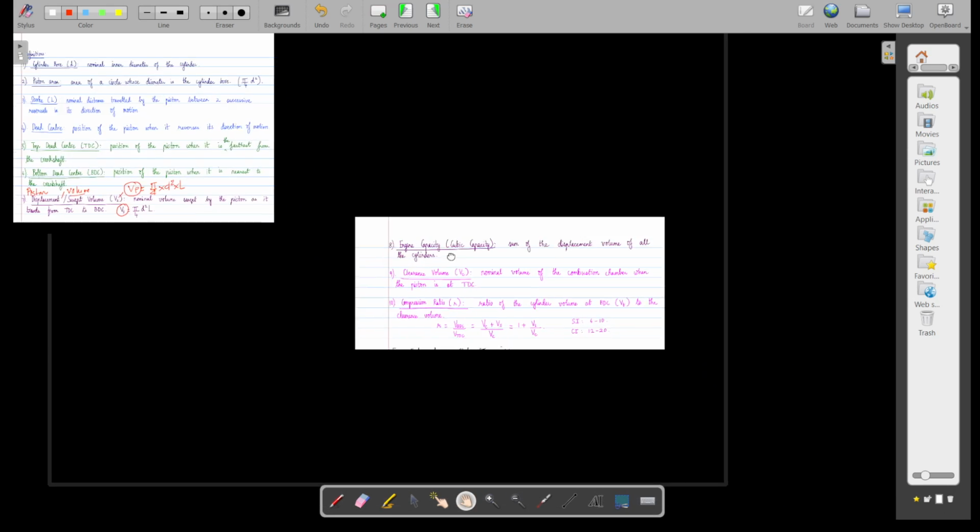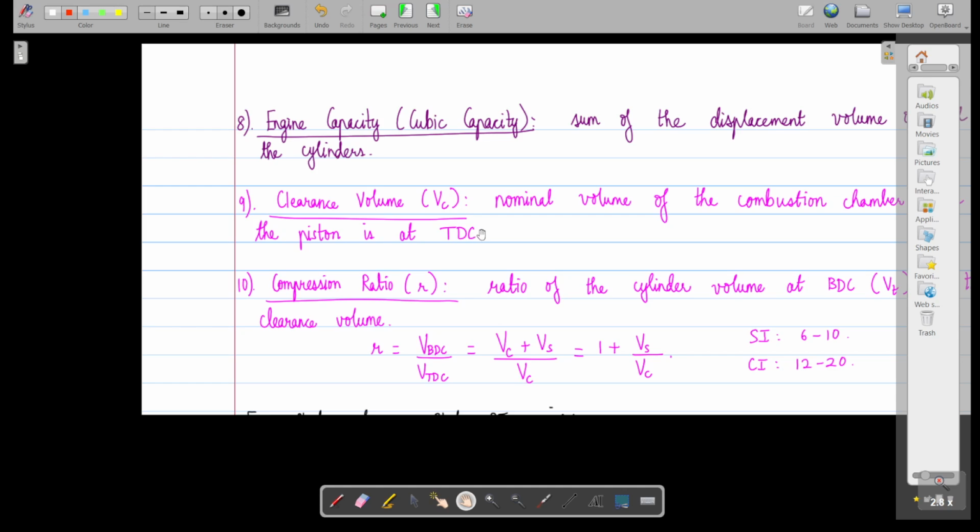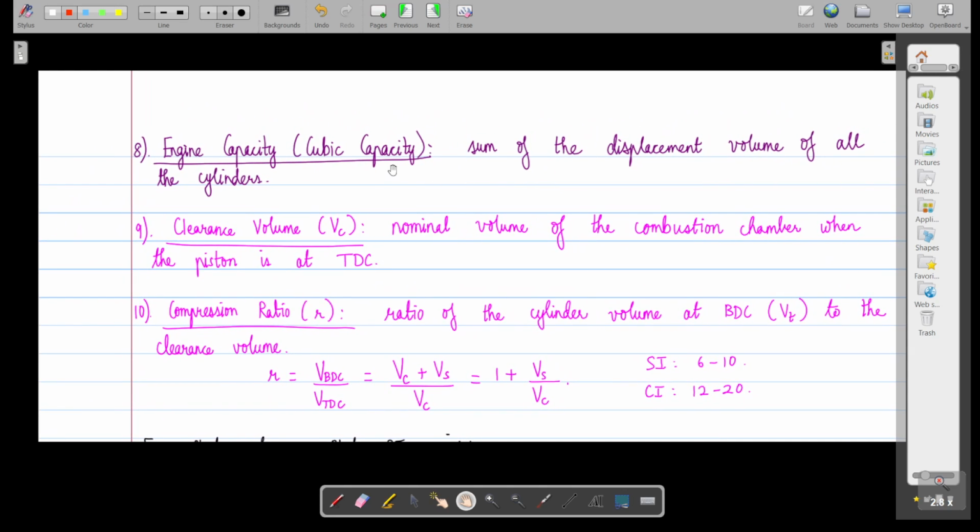The next important parameter is the engine capacity. If you have a single cylinder, that is the cubic capacity. But if you have a number of cylinders, say 3 or 4 cylinders, we have to add the displacement volume, that is, the piston displacement volume of all the cylinders.